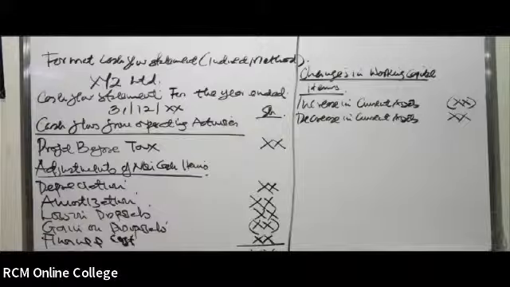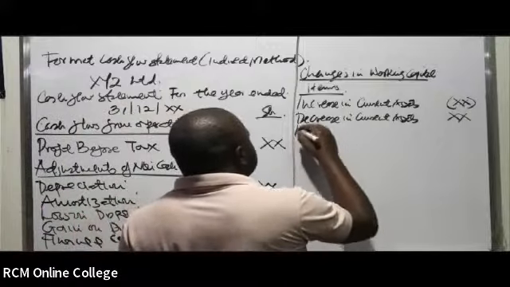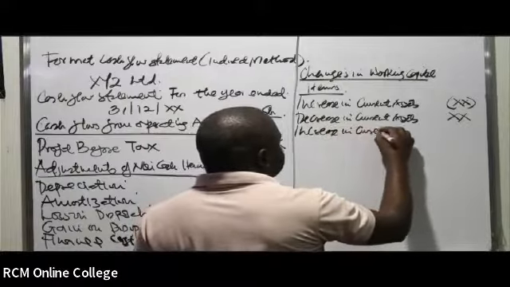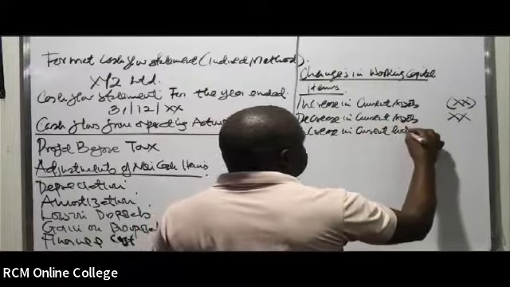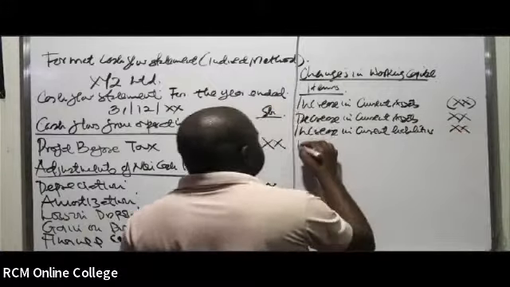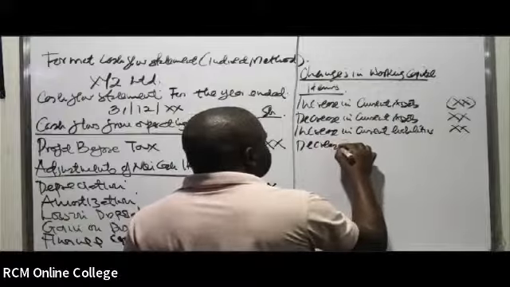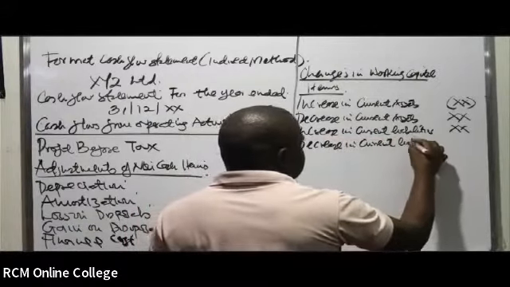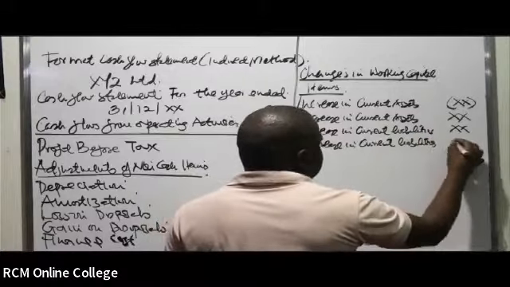Then an increase in the current liabilities. If the current liabilities increase, now it is the opposite. Increase in current liabilities, you'll add. Then a decrease in current liabilities, you deduct.